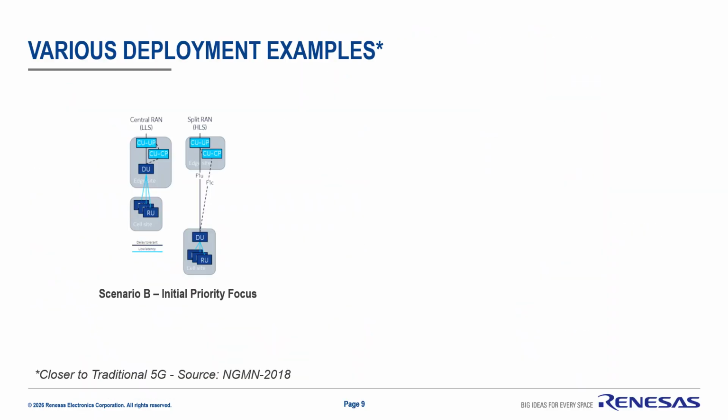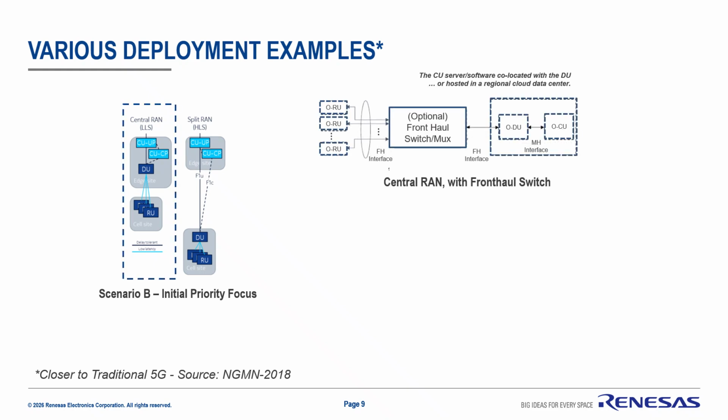Although the ORAN Alliance has come up with many different deployment examples, they primarily are focusing on two for initial deployments of ORAN. The first is a centralized radio access network. Here, the ODU and DU are typically co-located or fairly closely tied to each other through an edge site network. Typically, the connection between them is using a mid-haul interface.